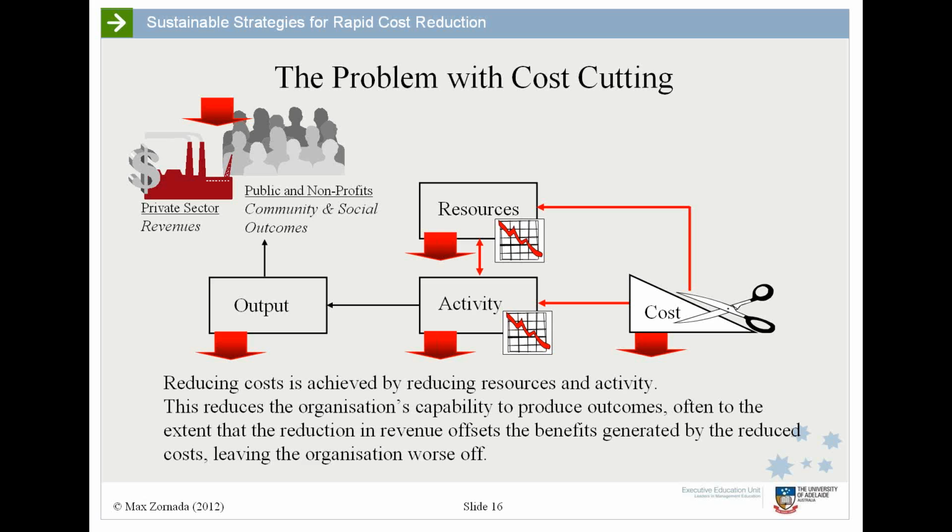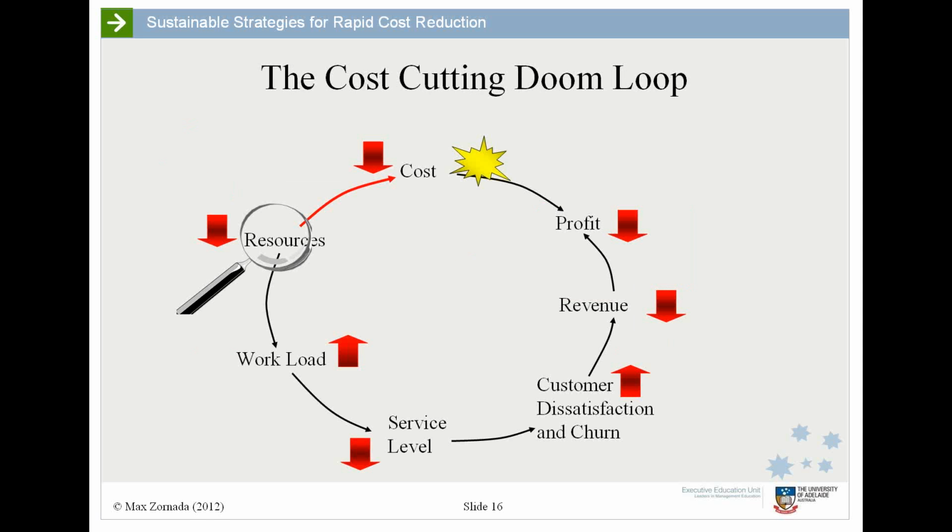And so if our output reduces, then we're going to see in the private sector environment less revenue. In the public sector environment, the outcomes that are produced are going to be lower in volume and quality. So typically, we're reducing the organisation's capability to produce the outcome. It leaves the organisation usually worse off regardless of whether they're in a private or public sector environment.